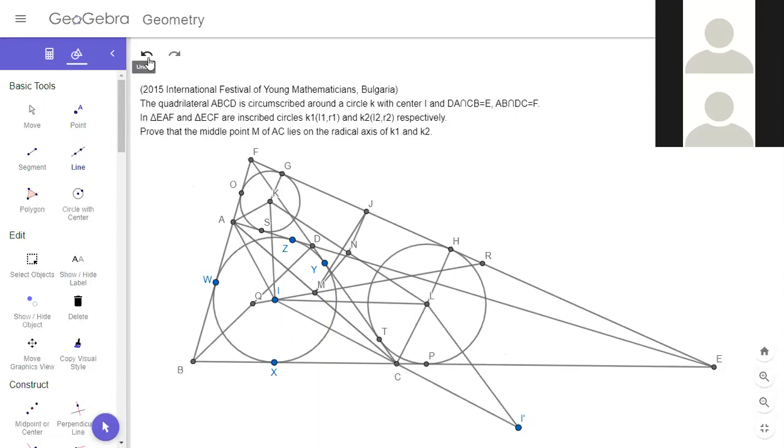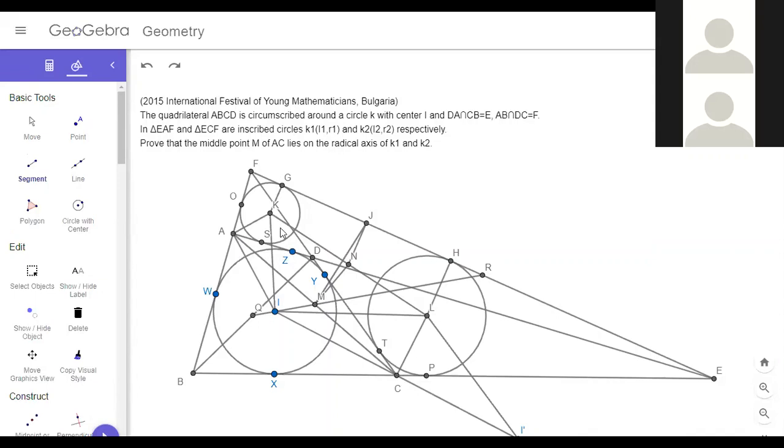I was saying that focusing on AKGHLC, the three segments AC, KL, and GH, we have three midpoints, and we also have that MN is perpendicular to AC.